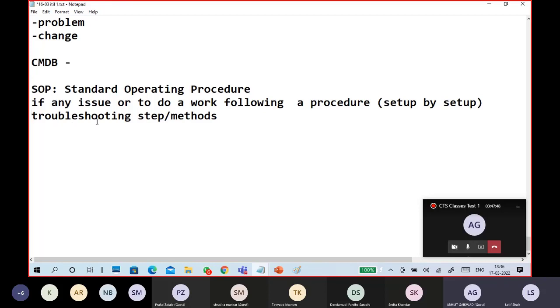Or you do some troubleshooting, you follow some steps or methods to do it.